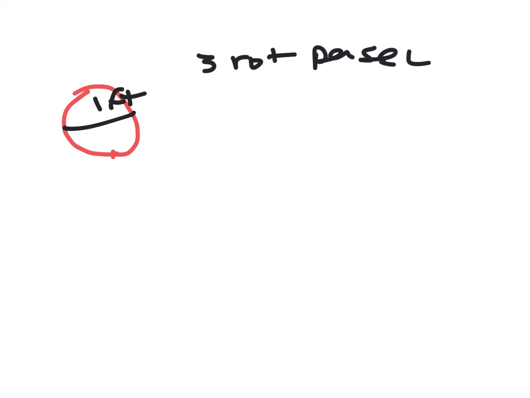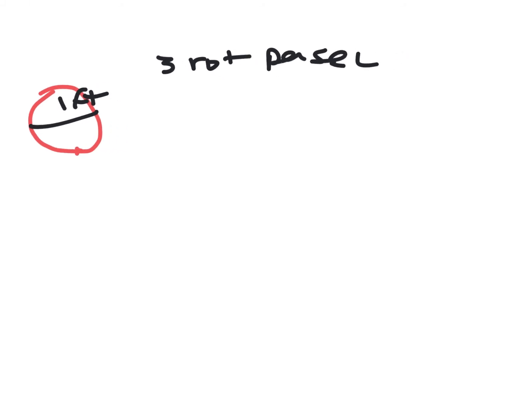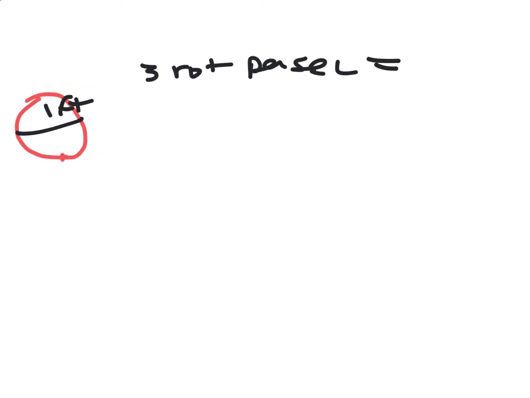Then the question is, how many inches is this kid going per second? How many inches per second is the kid going? I'll pause for a sec while you give that one a try.